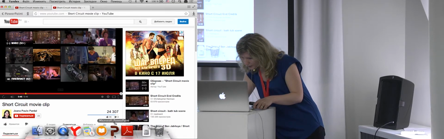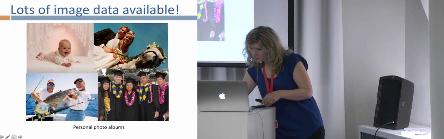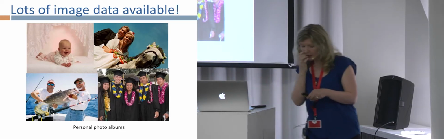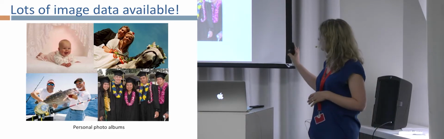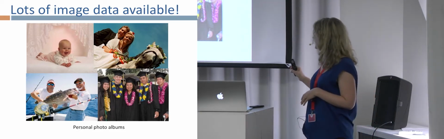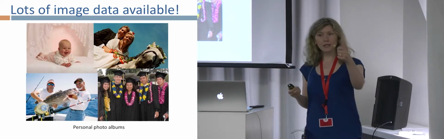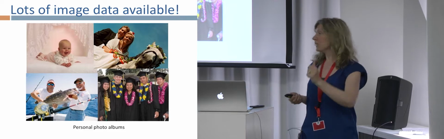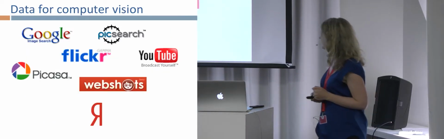Okay. So we're going to attempt to use machine learning to recognize objects and scenes in images. And there's lots of image data out there. For example, personal photo albums. Every time you take a picture when you're out and about with friends and you store it, that's a potential piece of data for machine learning.